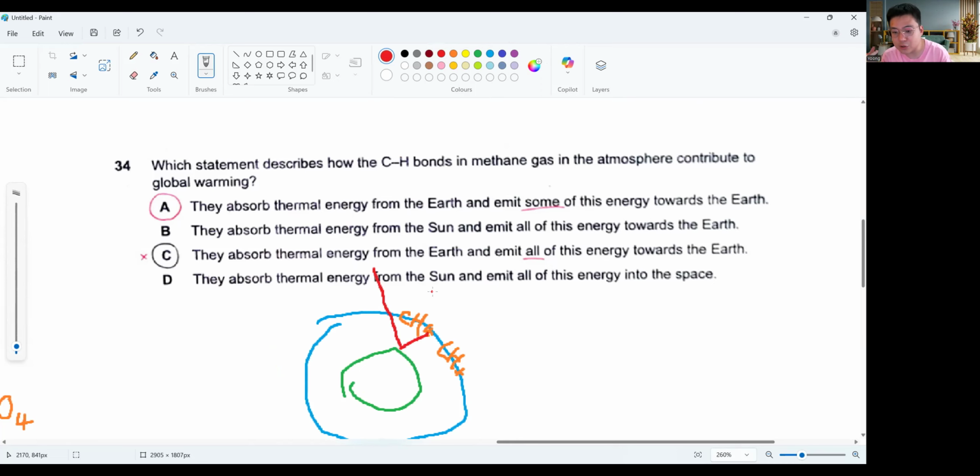And we learned that UV ray carries heat energy. So when this heat energy in the UV ray wants to go out, it cannot. Why? Because this methane is so thick that it blocks it and reflects it back to Earth. So normally it's supposed to go out here. But what happens is this CH4 reflects it back to Earth. So what happens to Earth?